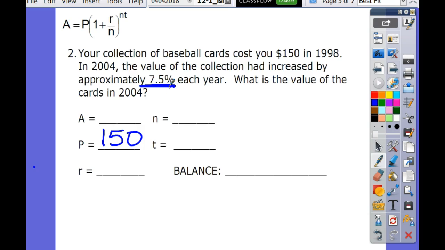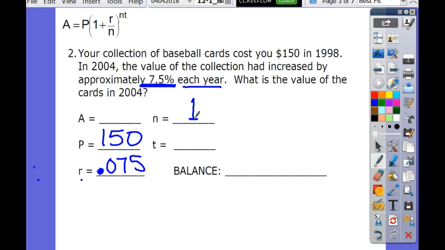The interest rate has to be in decimal form, so you would divide this by 100 to get the decimal form. N is the number of times compounded per year. Does it say monthly or daily or anything like that? It says each year. That would be one time a year.